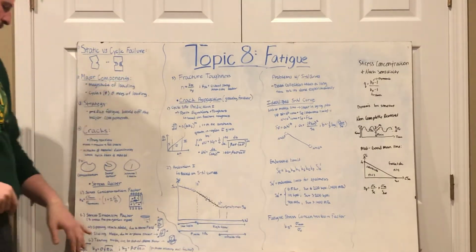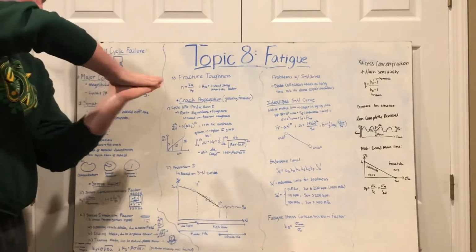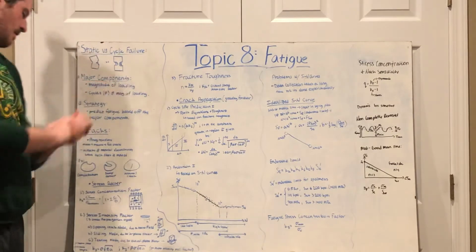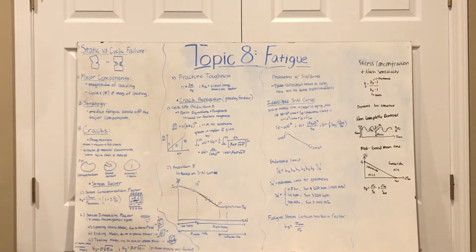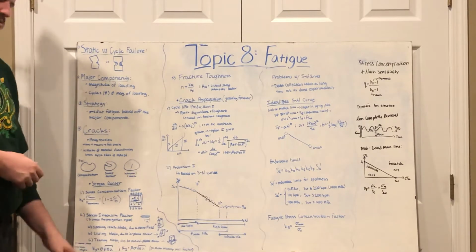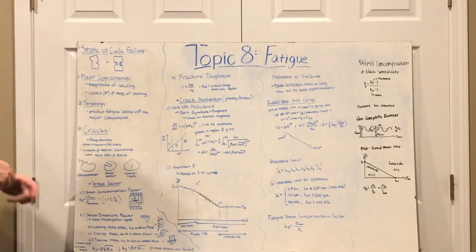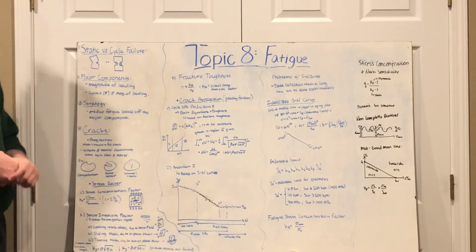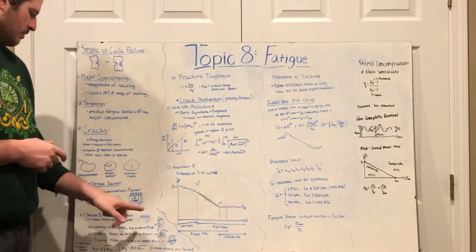The third is the tearing mode, due to out-of-plane shear stress, where it turns like this. All of those contribute to our stress intensity factor, represented by K_I, which equals sigma root pi times a, where sigma is the nominal stress and a is the crack length, shown here.